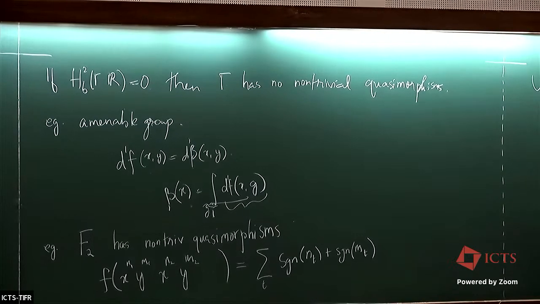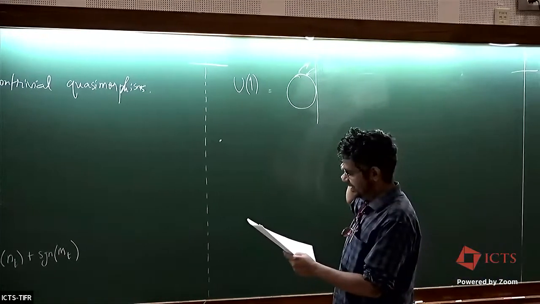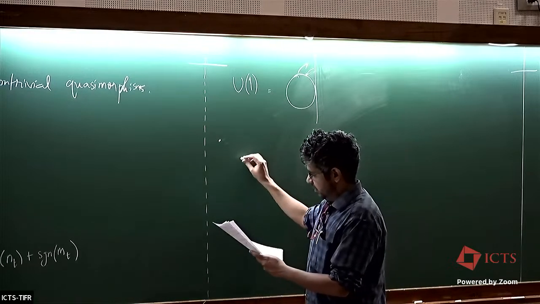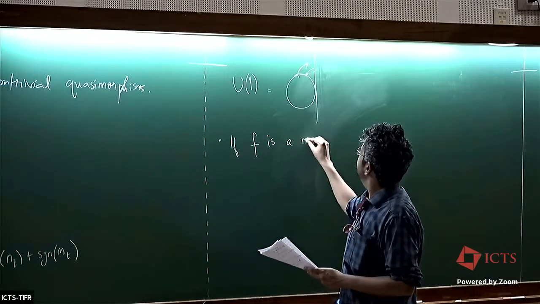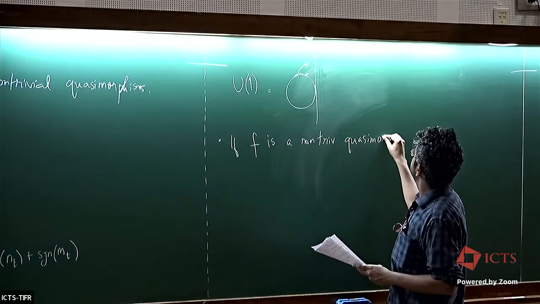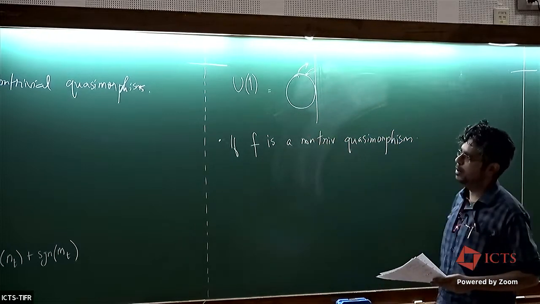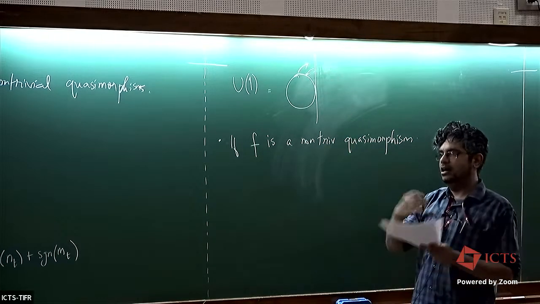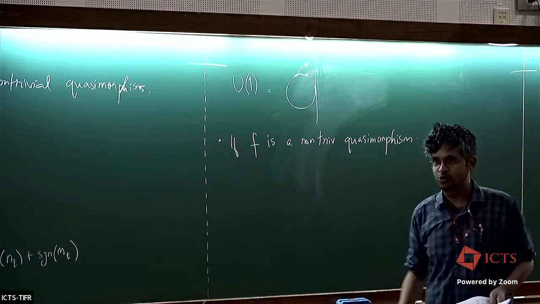So I'll state this. This is again something that can be quickly checked, which is that if f is a non-trivial quasimorphism, that is, a function to R which has bounded defect, then you can exponentiate it to get an almost homomorphism that is not close to a true homomorphism.